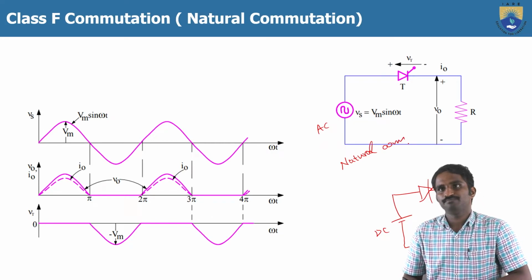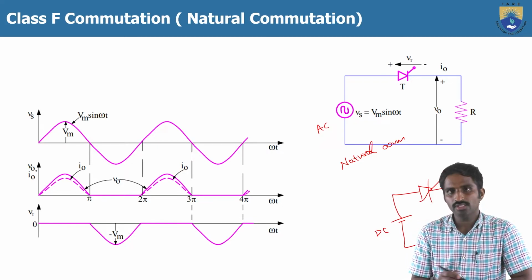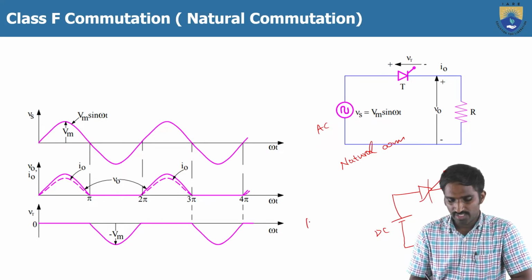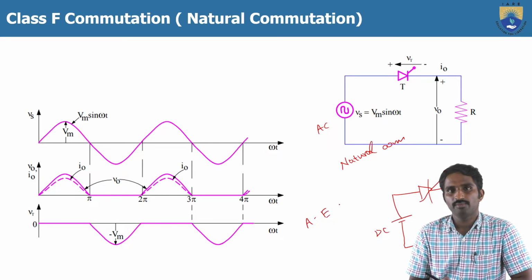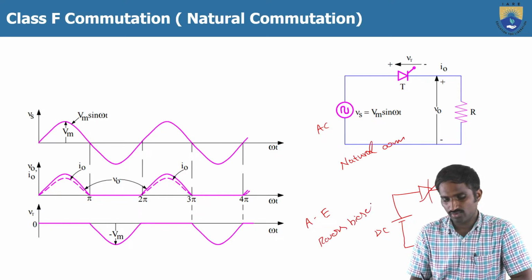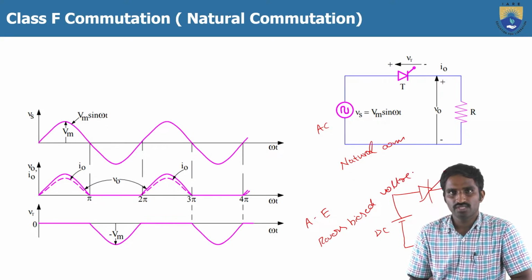Why? Because in all the commutation techniques from A to E, we turn off the thyristor by applying a reverse biased voltage across the thyristor. As we know, if you want to turn off the thyristor, it must satisfy two conditions.